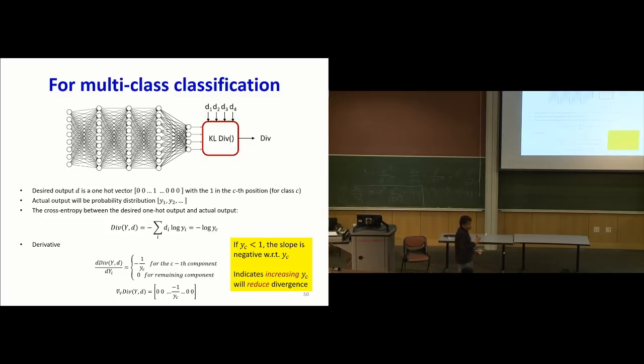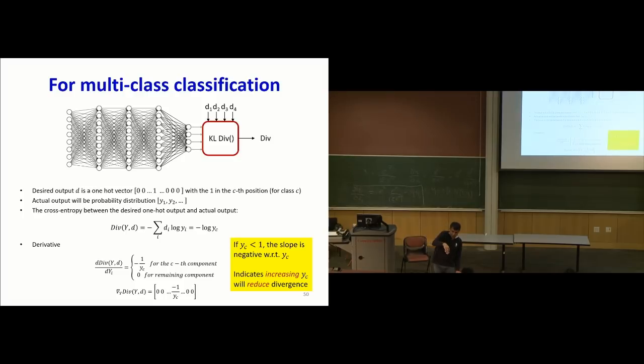Now observe something very satisfying about this: ideally the output is 1 for the target class. When the output is less than 1, you have 1 over some value, and it's going to be a negative value, which means that the derivative is negative. When the derivative is negative, do you want to increase the argument or decrease it to reduce the function value?